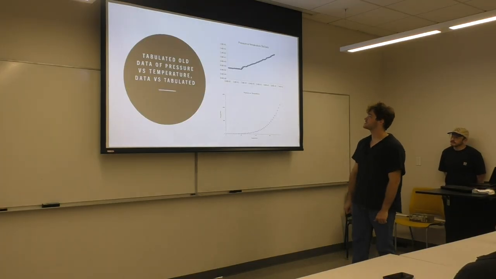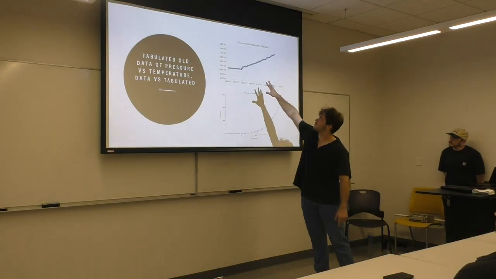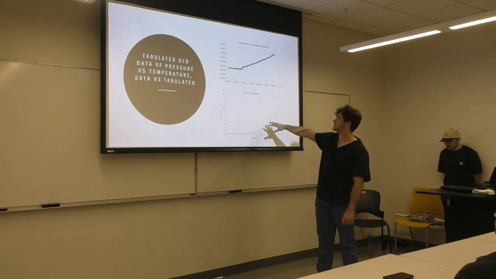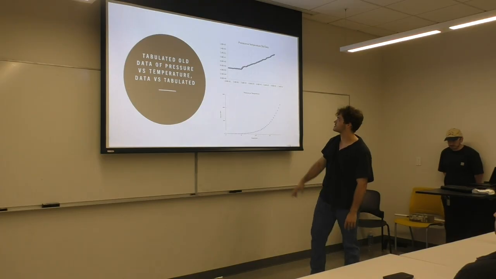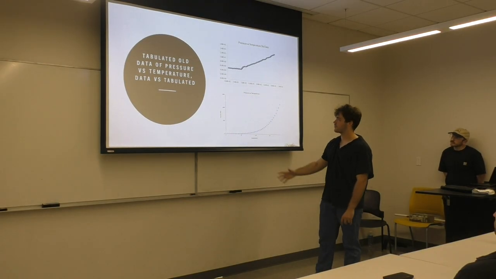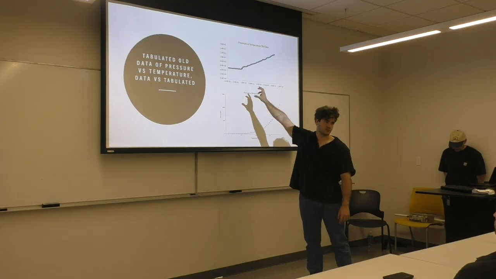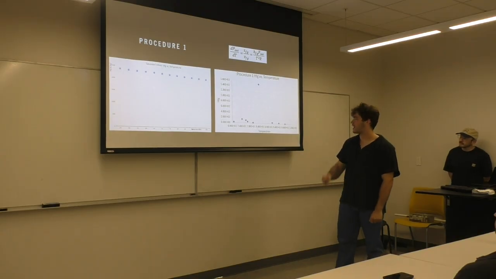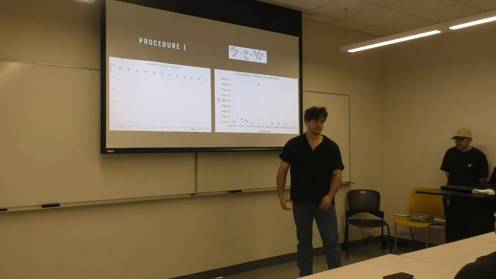This is the old data, and this is the pressure versus temperature graph. Obviously it looks way nicer and more similar to this. However, you are still seeing little jumps, little discontinuities, but overall, this is the data that I am working with. Using procedure one, I got really whack results, and this is pretty expected.